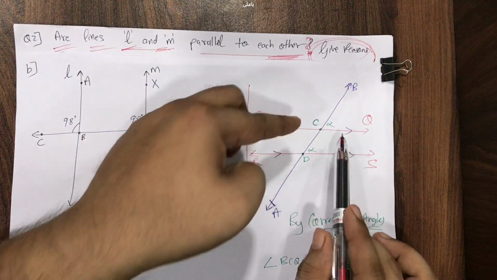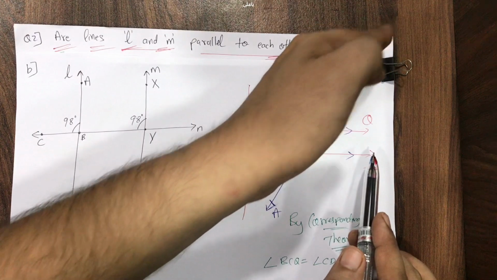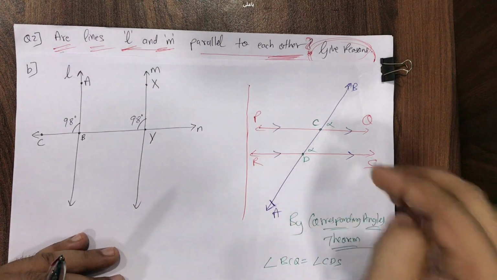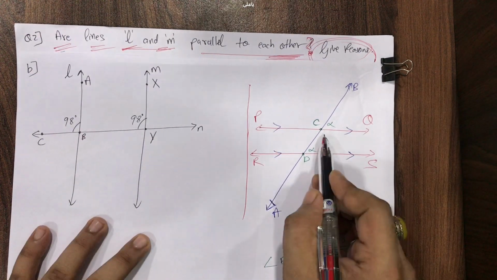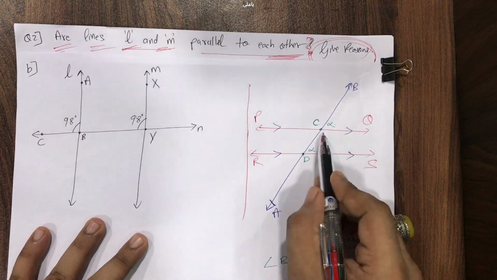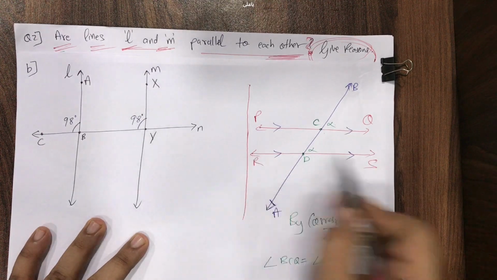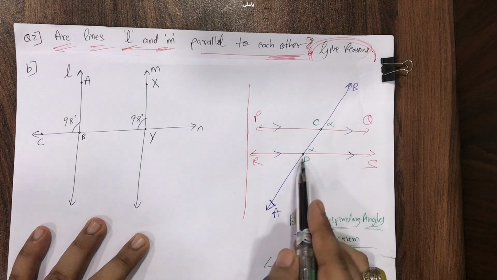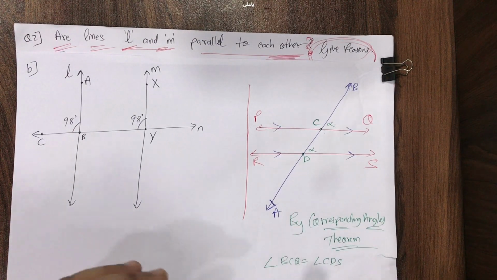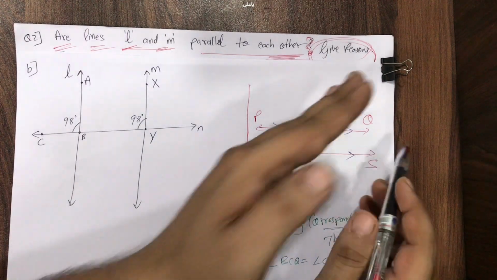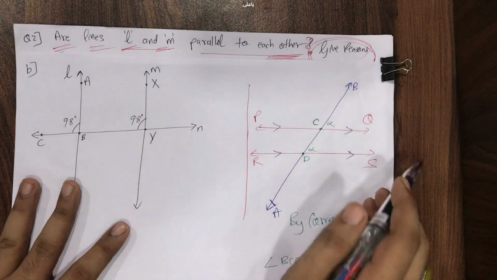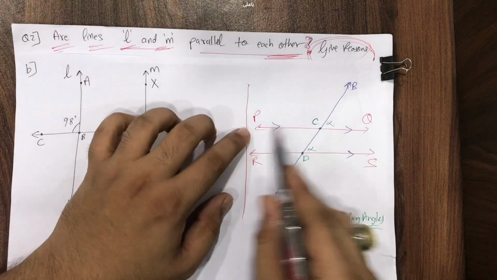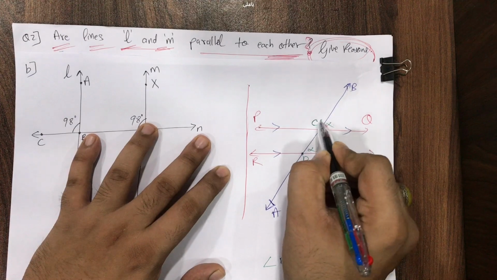The rule is when two lines are parallel to each other and a transversal cuts them, then the angles on the right side of the transversal and above the lines are equal. This angle is above line PQ, this angle is above line RS, and both are on the right side, so these two are equal. So BCQ equals CDS. Similarly, those angles on the left side of the transversal and above PQ and RS, I'll mark with a dot.